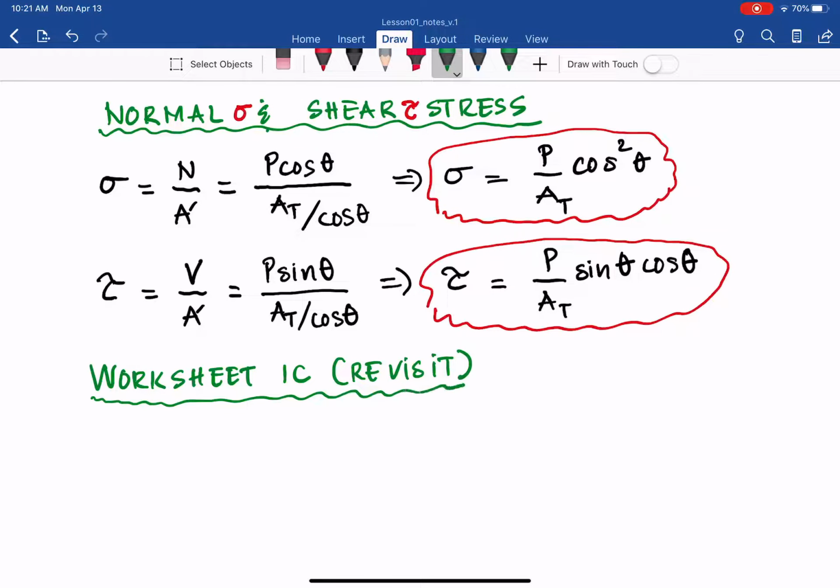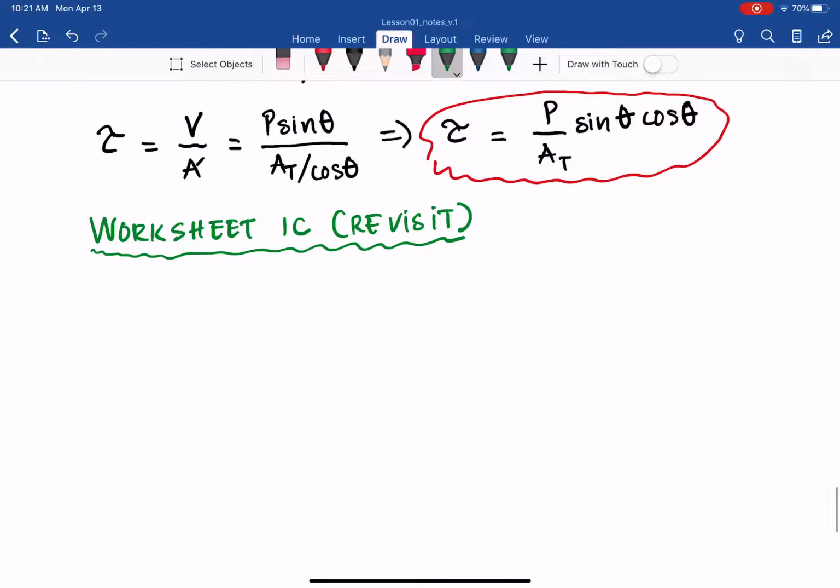So in revisiting, if you recall, member HI has 25 kips in compression. So let's make that cut for that member. With that compression, the force will go into the cut, 25 kips.